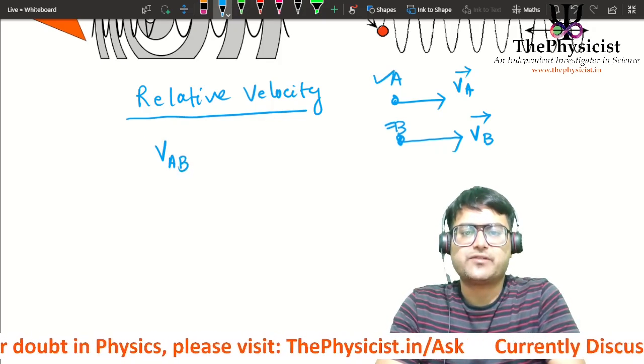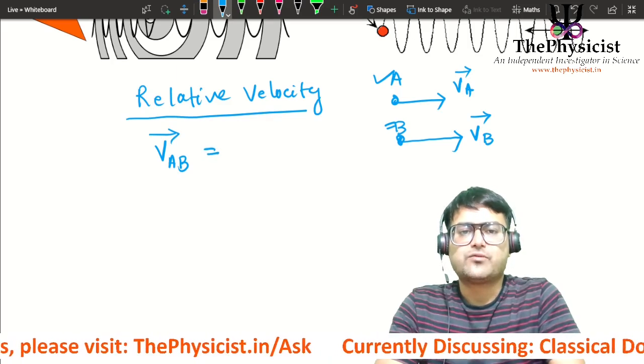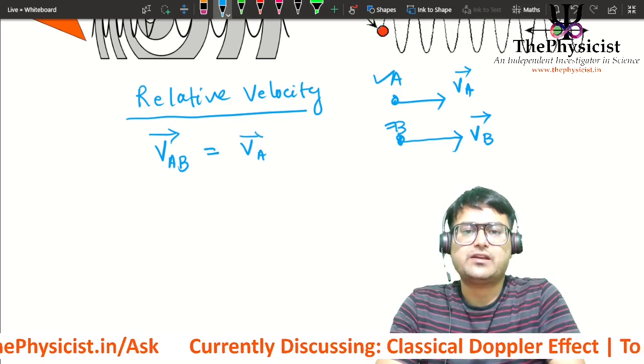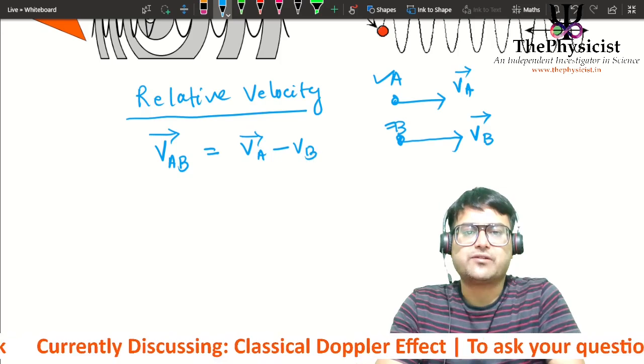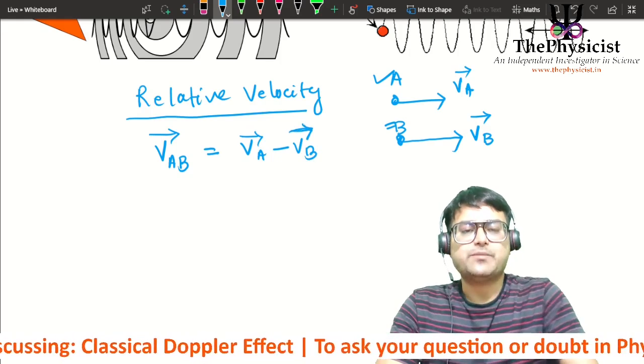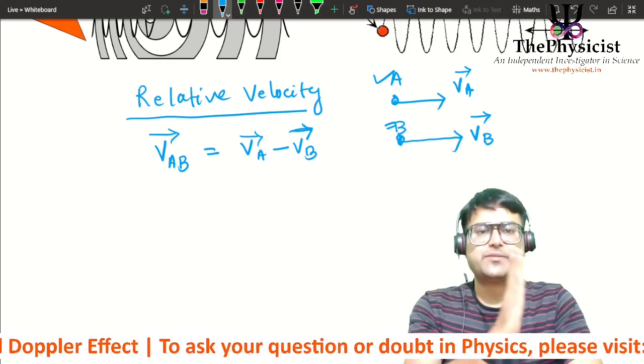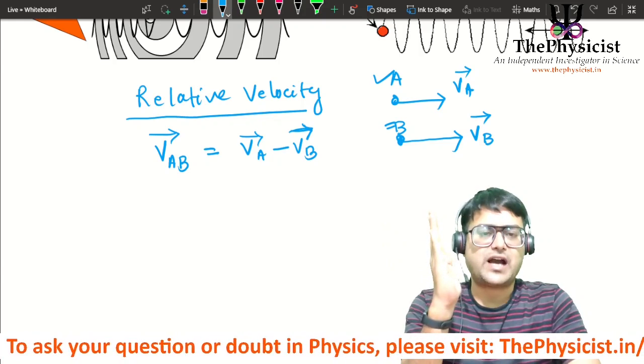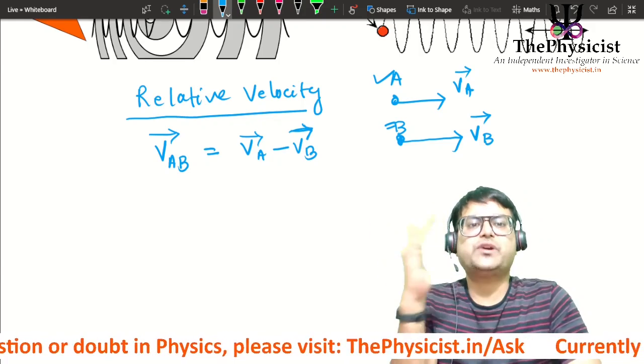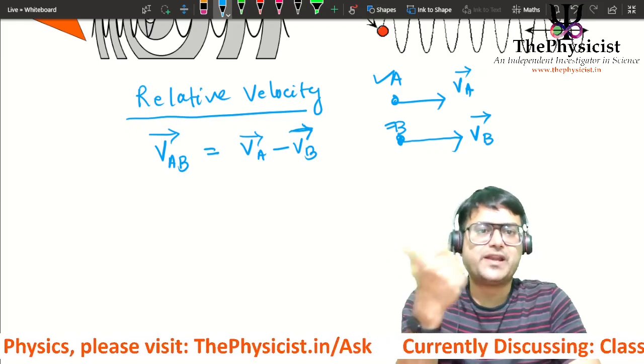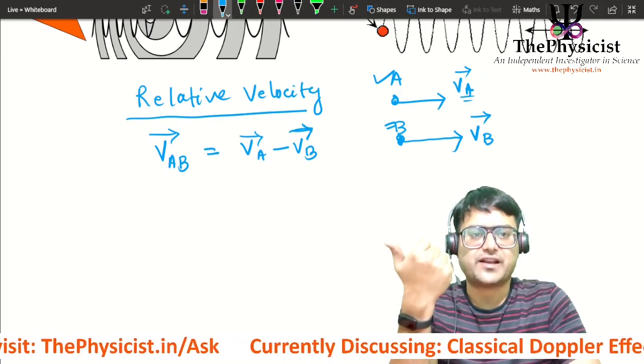The velocity of A with respect to B will be velocity of A minus velocity of B. That means if A and B are both traveling in the same direction, then for B, A will appear to be traveling at a speed less than its actual speed vA.